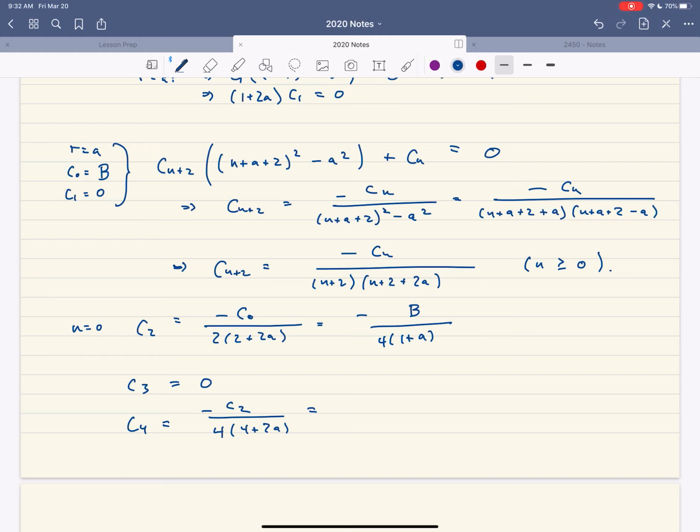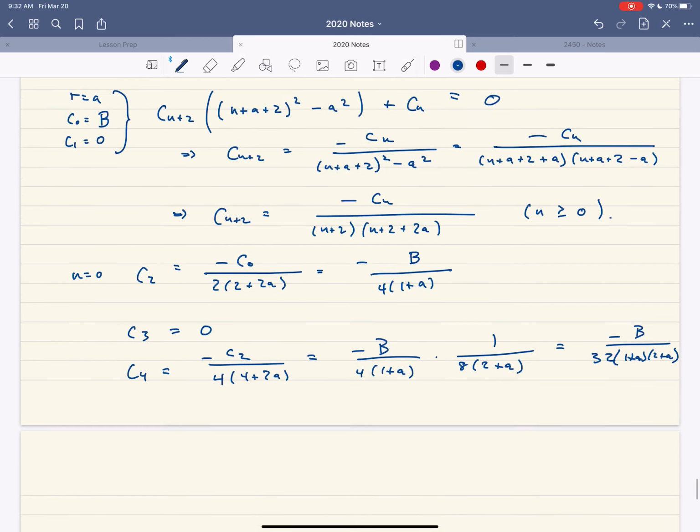And if you want, you can factor out. This is going to be negative c2, so that's 4 over 1 plus a. This is going to be 8 times, let's see, if we factor 2 out, this is going to be 2 plus a. And so altogether, that's going to be negative b over 32 times 1 plus a times 2 plus a.